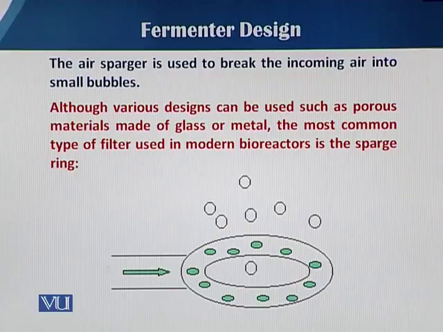Later on, these bubbles are further linked with the impeller system, as we discussed while talking about the agitation system, the role of radial impellers and axial impellers, and the shear effect in creating the bubble size. But the sparger has its own role in making the bubbles properly and equally distributed into the fermentation medium.